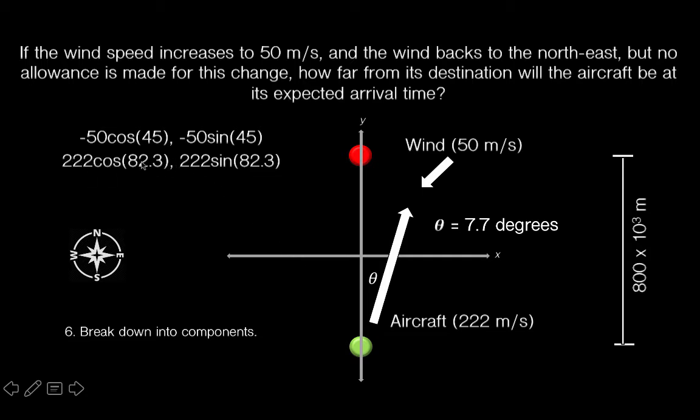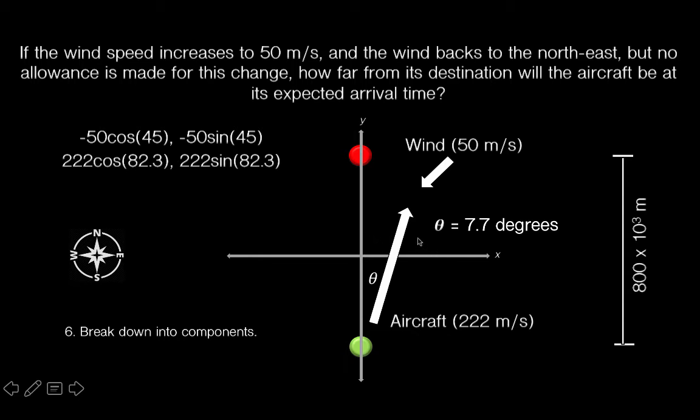For the aircraft, the x component is 222 cosine 82.3, and the y component is 222 sine 82.3. Now you may ask where this 82.3 came from. With all the calculations thus far, we've been calculating counterclockwise degrees with respect to the x-axis. The 7.7 is with respect to this y-axis going east of north.